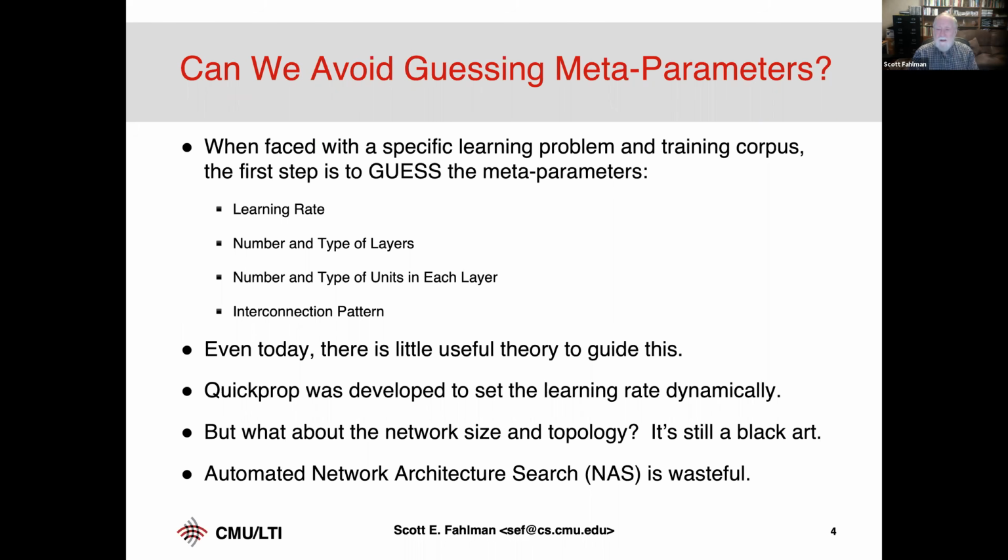Instead of guessing that it should be 0.01 or whatever the units are that you're dealing with, it starts out with some initial units, takes a couple of steps, and then it notes for each weight the curvature of the space there. And it can fit a quadratic term through that and try to jump to the bottom of whatever basin you're sliding down into, or whatever peak you're climbing toward, depending how you like to look at these networks.